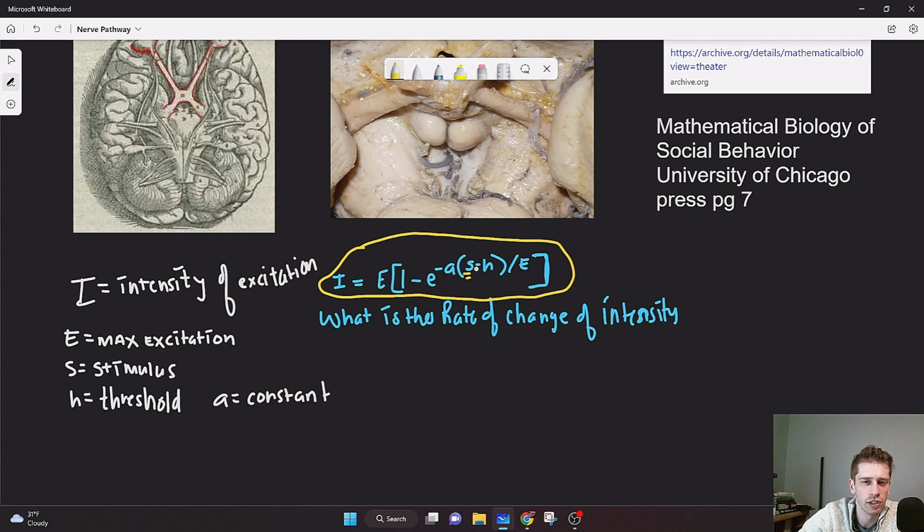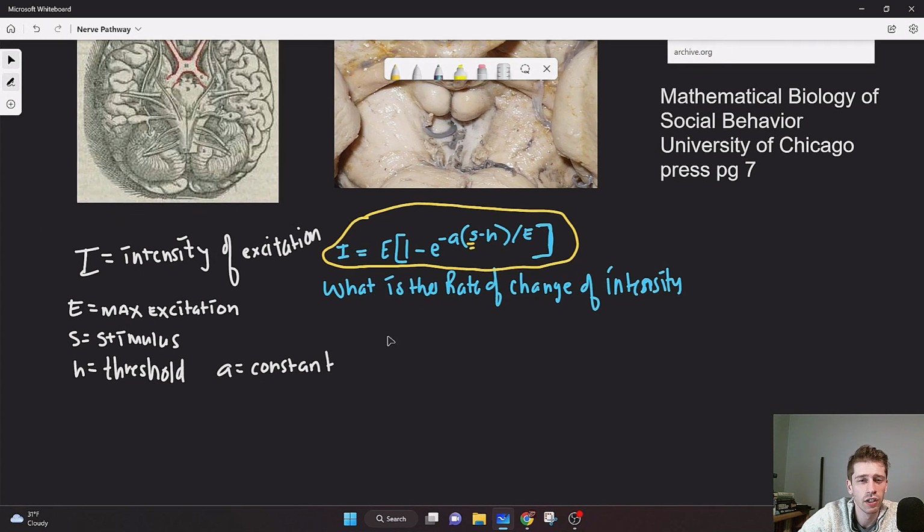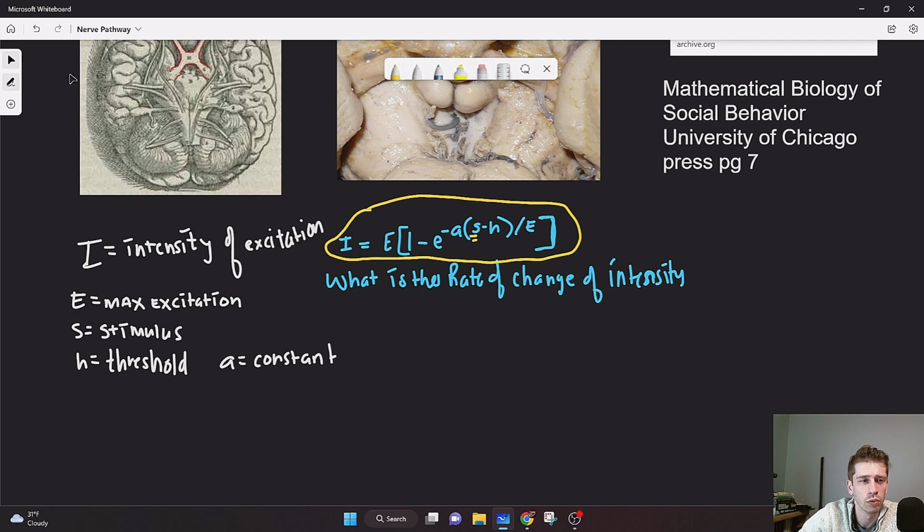So S minus H: if S is less than or equal to H, this becomes 0 and nothing really happens. That's a threshold. And then A is just a universal constant depending on where the pathway is. So we have our model here. Maybe we can apply some calculus and find the rate of change with respect to the stimulus.